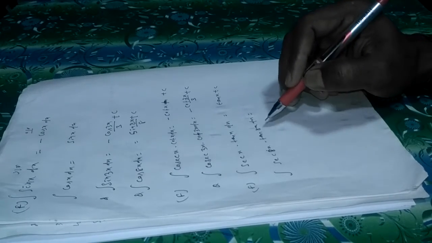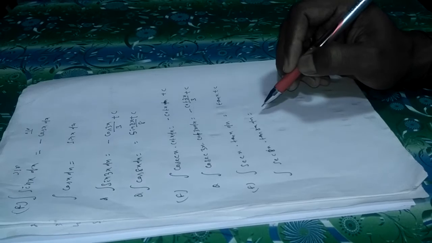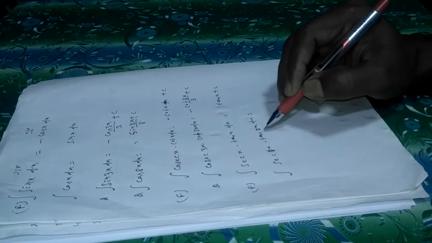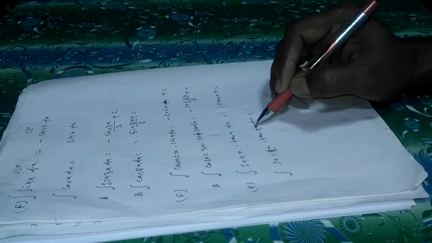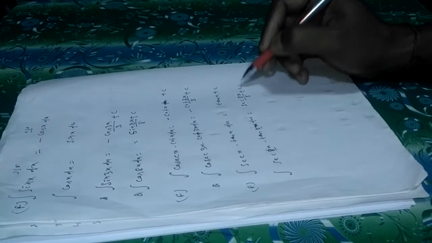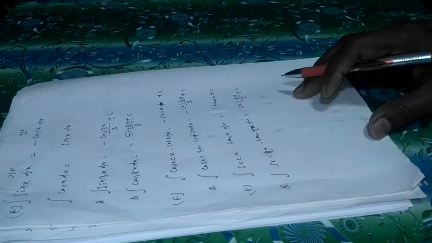What is the derivative of sec x? Sec and tan is a reverse operation, so for sec 8x and tan 8x you have to remember this value and this value. The result is sec 8x, and the coefficient of x is 8, so divide by 8, plus C.